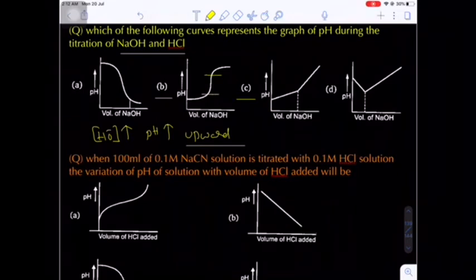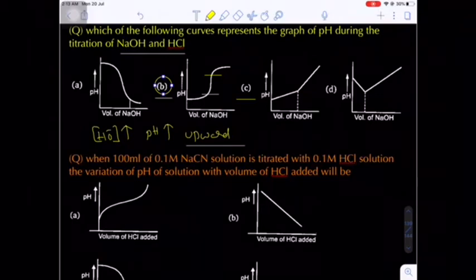The upward graphs we have are option B and option C. Now, in option B, if you see, there is a sharp increase in the pH value from here to here. We have to remember this graph, that is the titration between a strong acid and a strong base.